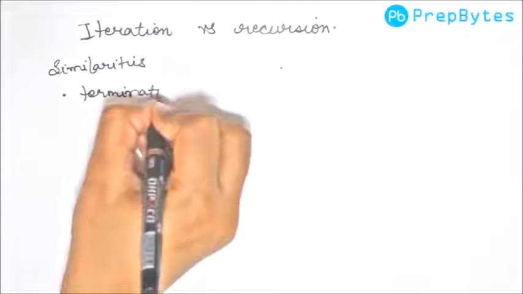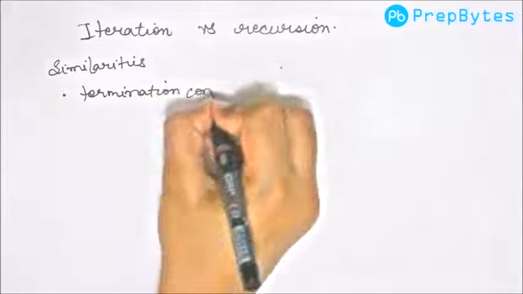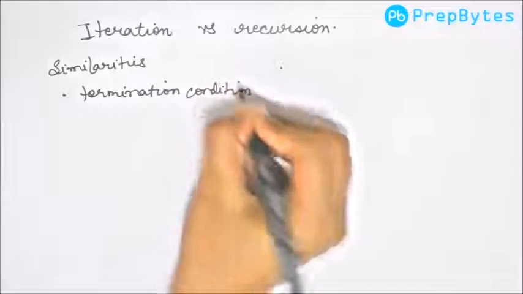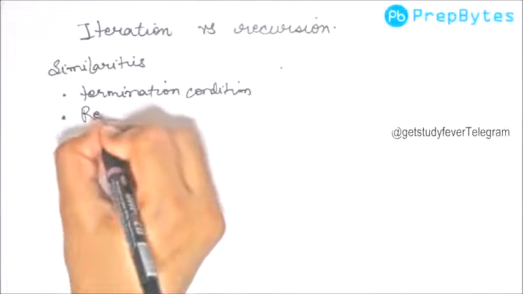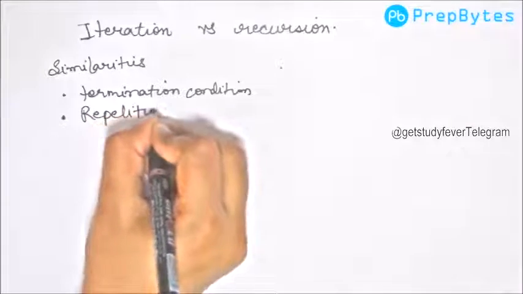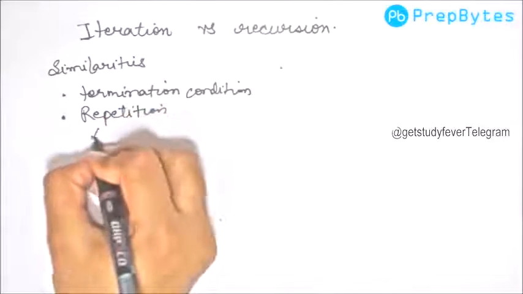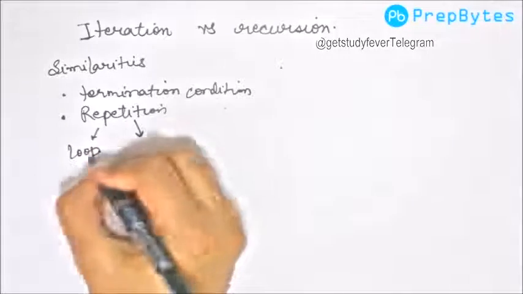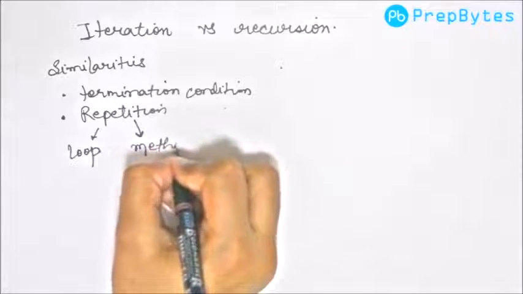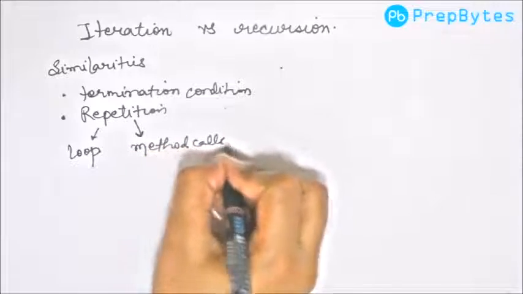There has to be some termination condition, else they'll keep on executing infinitely. Second, they both include repetition. In case of iteration, the repetition is through a loop, and in case of recursion, the repetition is through method calls, because we call the same method again and again.